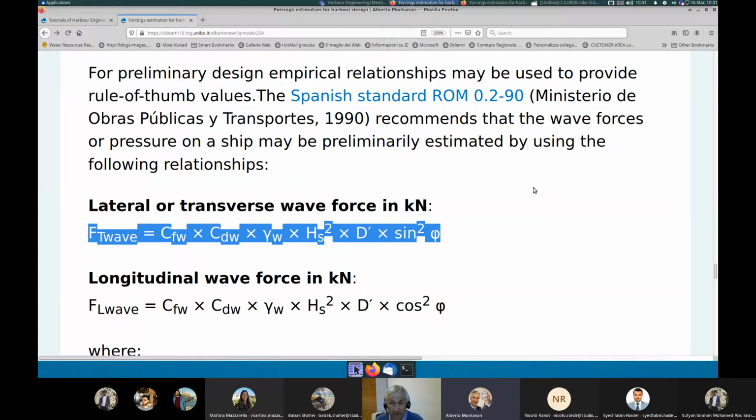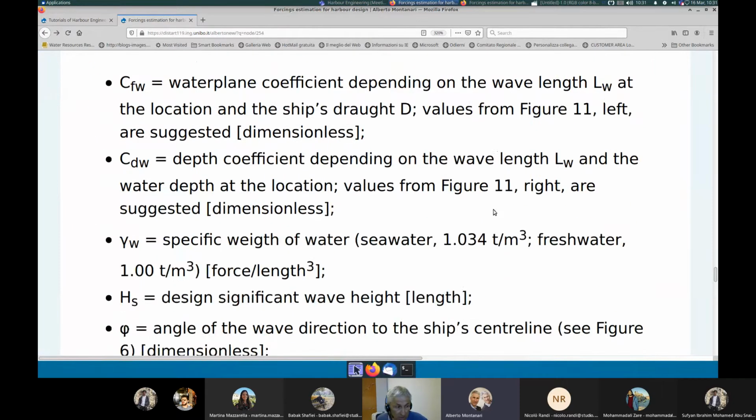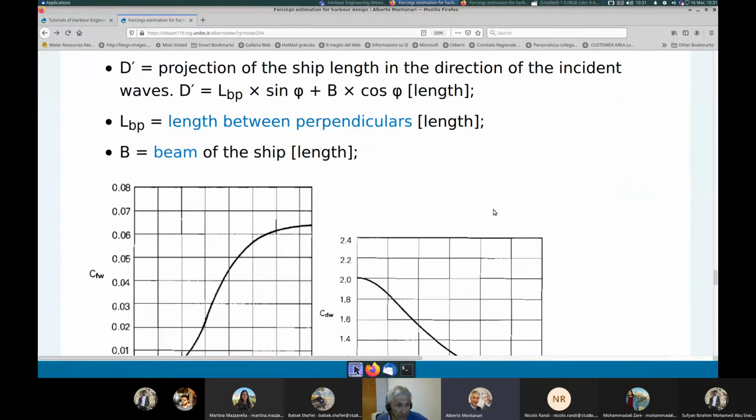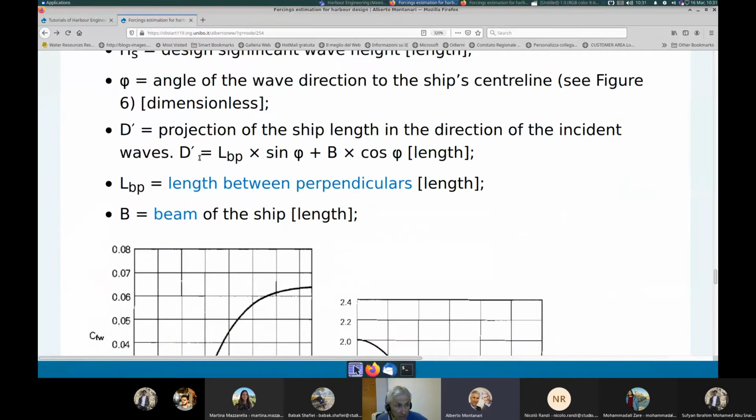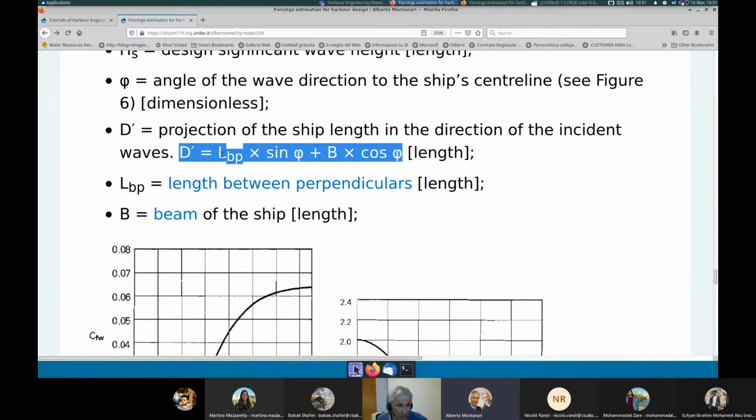And how can you compute it? It is specified here: d prime is given by the length between perpendiculars times the sin of phi.